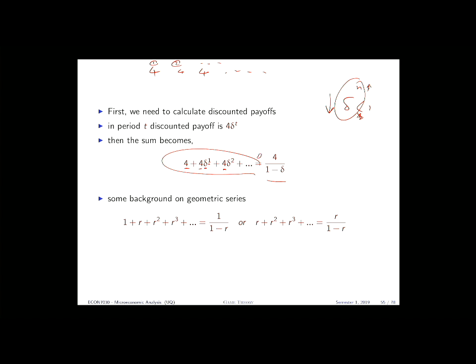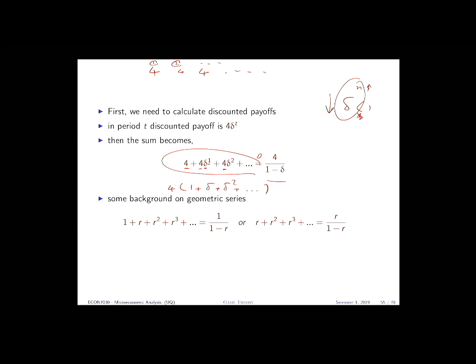So thanks to mathematicians, we know that this series has an equivalent that is equal to 1 over 1 minus delta. There's one very important point here: you can factorize the payoffs. So you can simply write this as follows: 4 times (1 plus delta plus delta squared plus and so on).